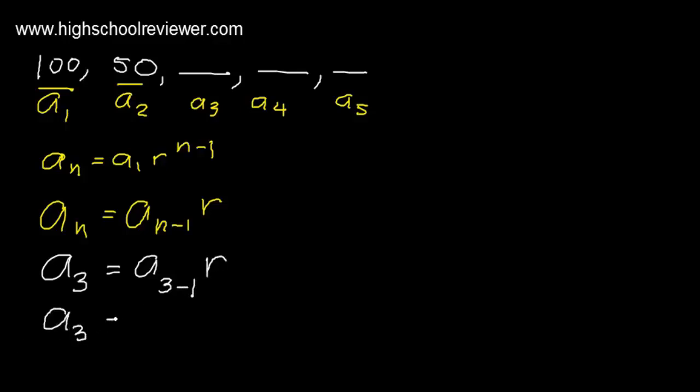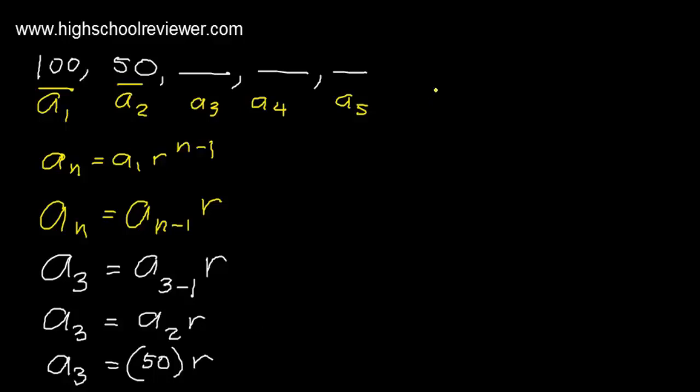A sub 3 will be equal to a, 3 minus 1 is 2, times r. So meaning to say the value of a sub 3 is just the value of the previous term multiplied by r. Let us substitute the values. A sub 3 would be equal to, our a sub 2 is 50, but we do not have yet the value for r. So let us find the value of r.